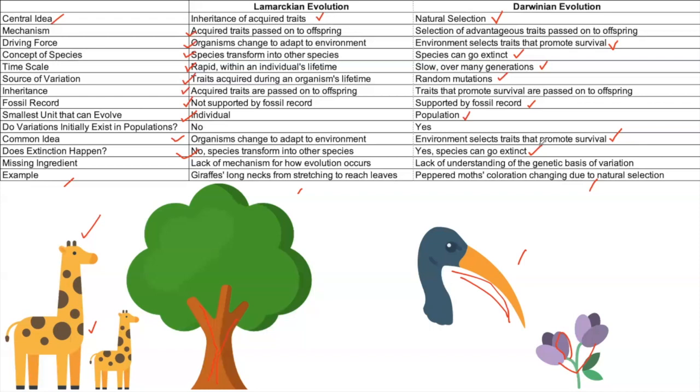On the other hand, Darwinian evolution proposes that random mutations are the source of variation, but again, it does not explain how these mutations are generated or how they lead to new traits. So in both cases, the mechanisms that lead to variation and heritability are not fully understood. That's the one concept missing in both theories. I hope you were able to understand the difference between Lamarckian evolution and Darwinian evolution.